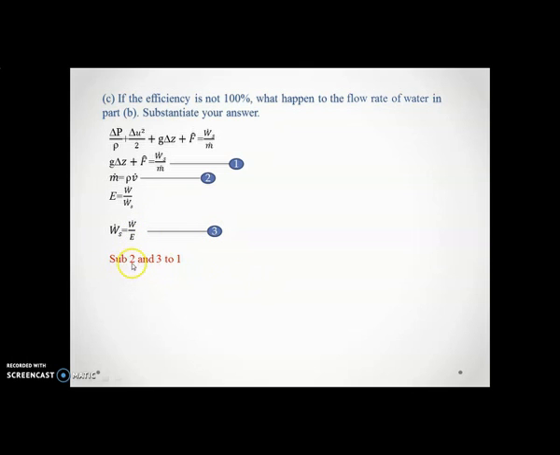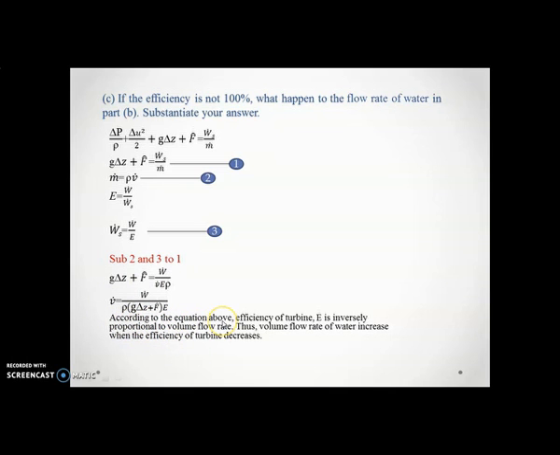Then we substitute equations 2 and 3 into equation 1. Then we will get this equation. After that, we move the volume flow rate to the left and all the other unknowns to the right. So we will get this equation.